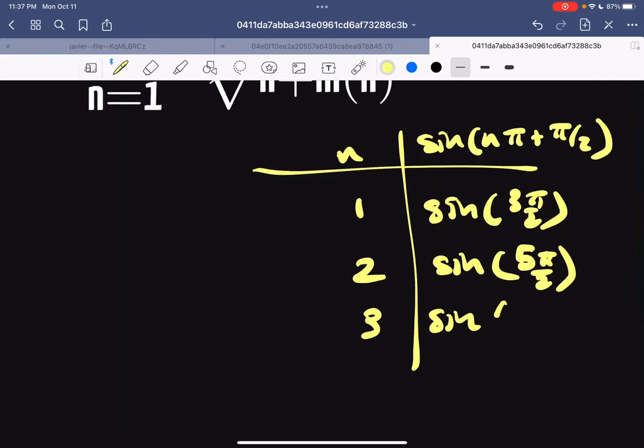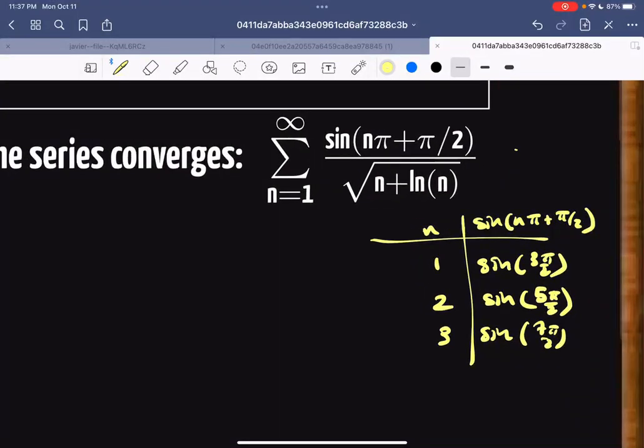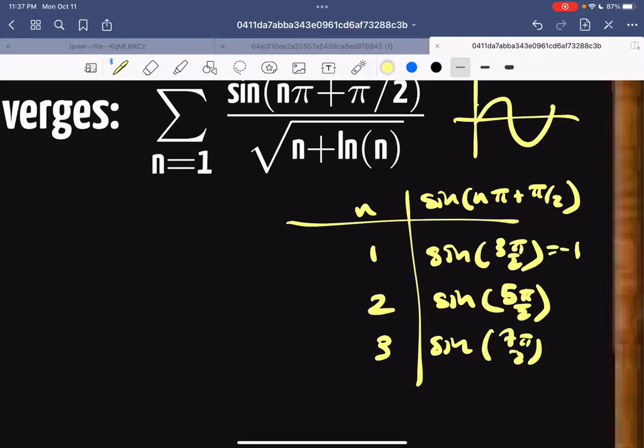This would give you sine of 7 pi over 2. Sine curve goes like this. At 3 pi over 2, you're right here, so you're at -1. So this gives you -1. And then you go from here, you go pi units, that would put you over here. At that point, the sine would have gone to the top, so this would be equal to 1.